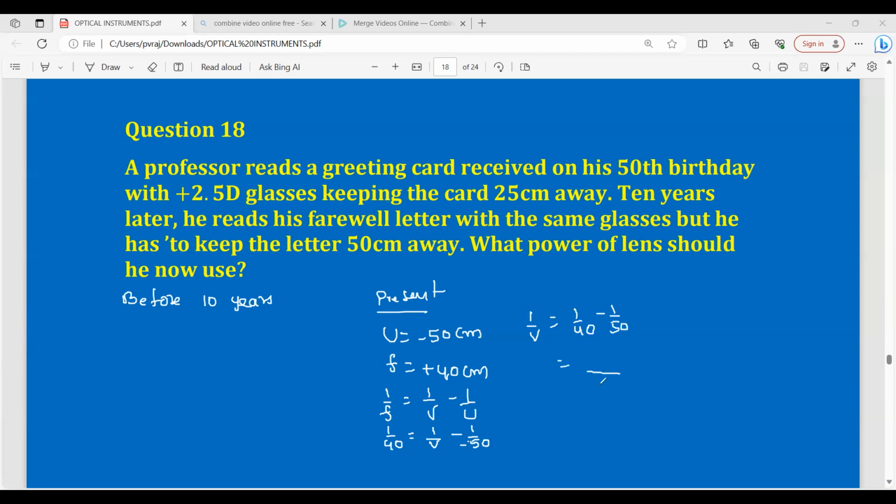What is the LCM of 40 and 50? 200. This will be 5 minus 4, finally 1 by 200. And the image distance is 200 centimeters. Where will the image form? Now he is keeping it at 50 centimeters and looking, so the image forms at 200 centimeters.